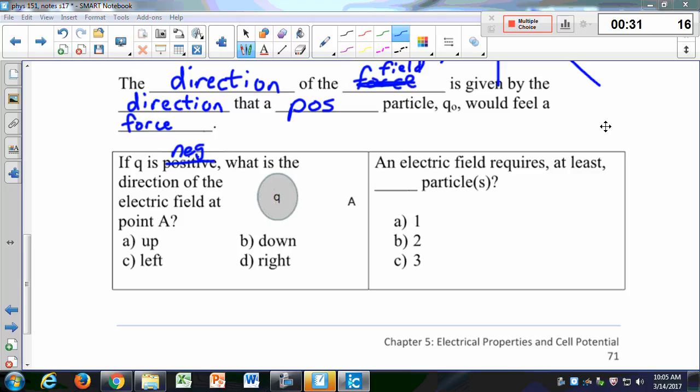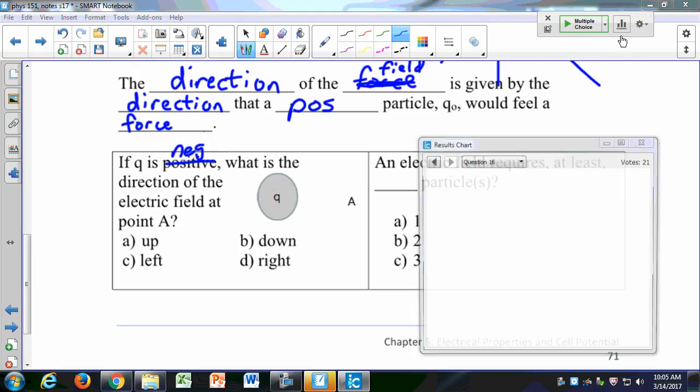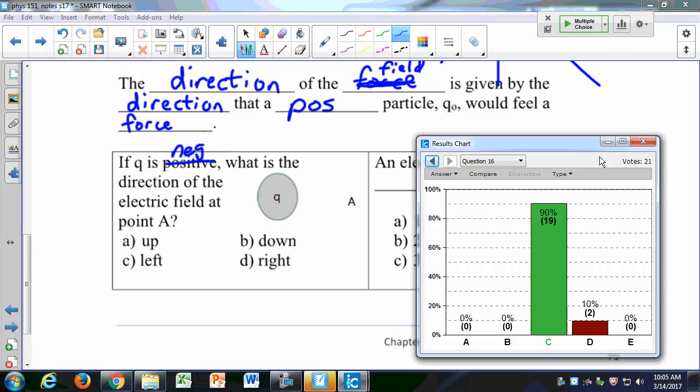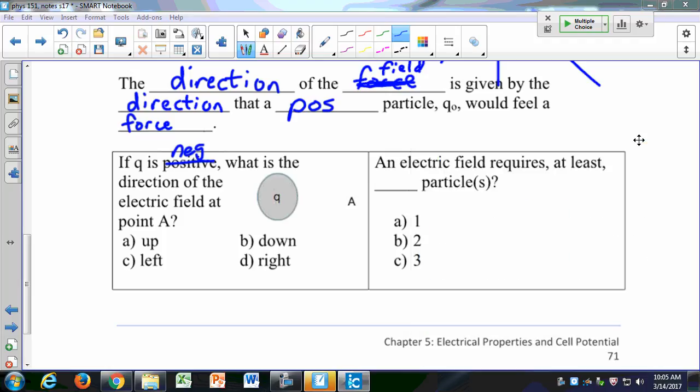All right, let's stop at 40. Okay, good. C is right. It would be to the left.